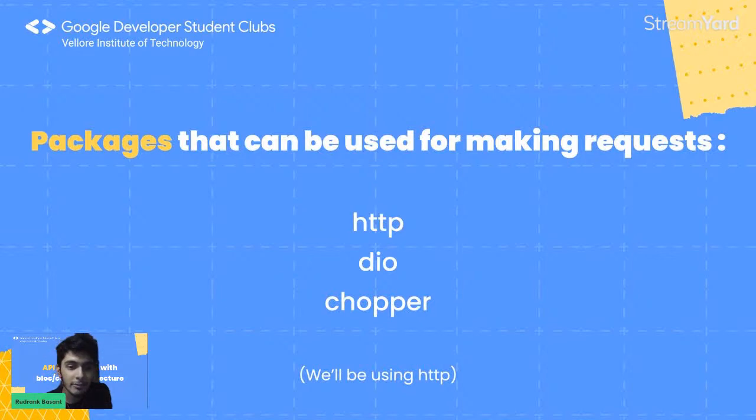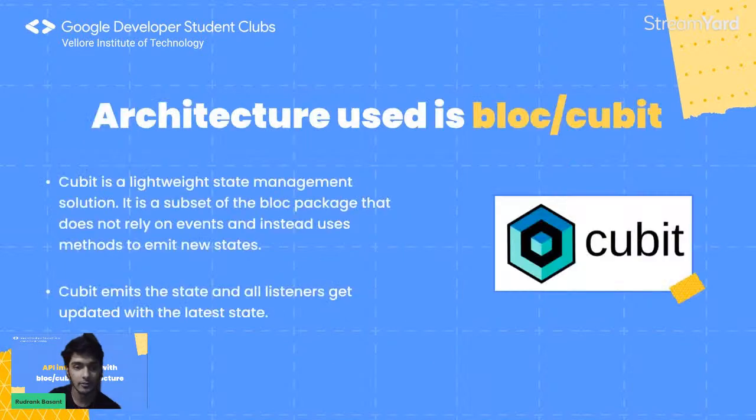In this session, we'll be using HTTP, but you can use any, it's up to you. To install it, you can just go to the Flutter pub website, get the package name, and run flutter pub install.